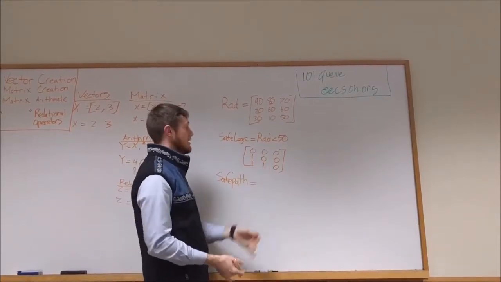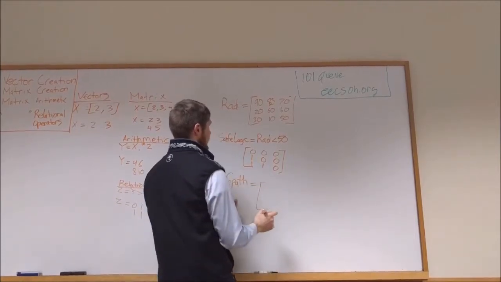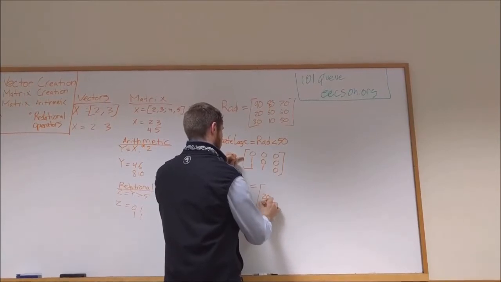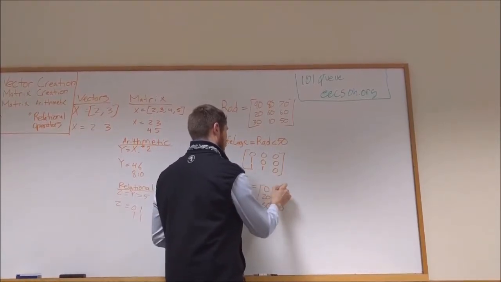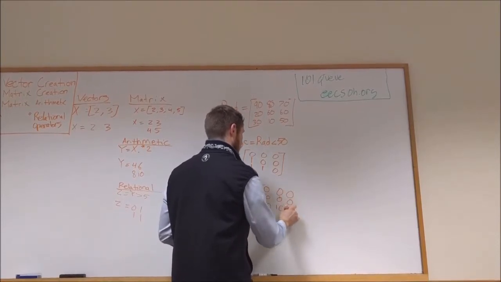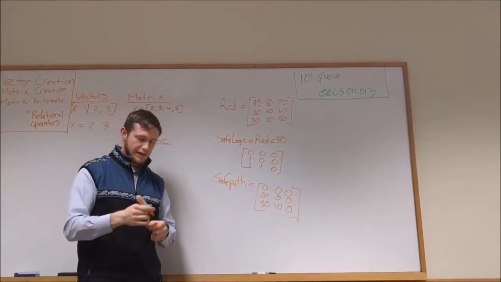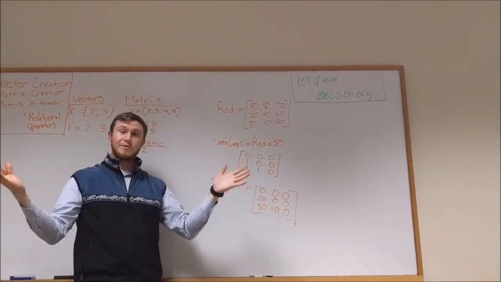This could be 1,000 or 3. It's the same math. And so the output of this would just be 20, 30, and 10. And the rest would be 0 because that's what they're multiplied by. And that's how you do it. That's the basic underlying concept behind it. If you have any questions, let me know.